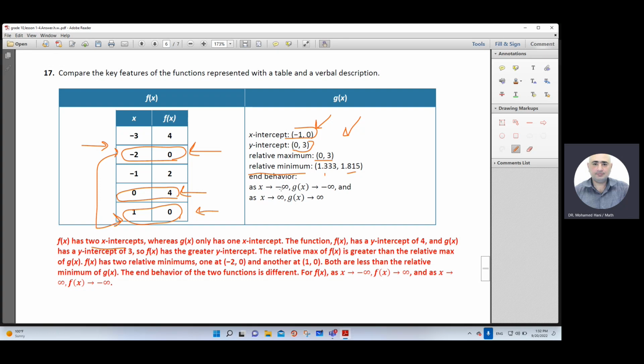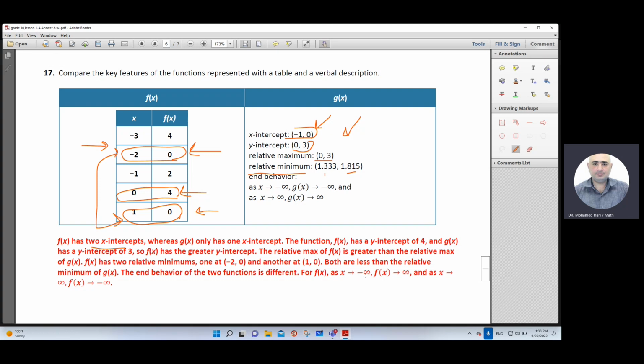Here, as you see, when x approaches negative infinity, f(x) approaches negative infinity. And when x approaches infinity, g(x) approaches infinity. Here we have 4, 0, 2, 4, 0.